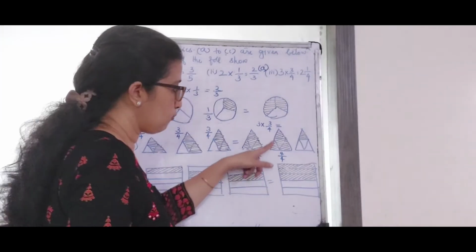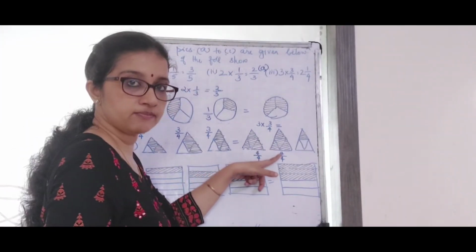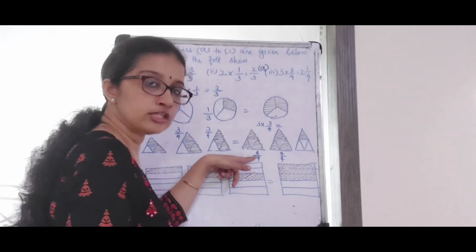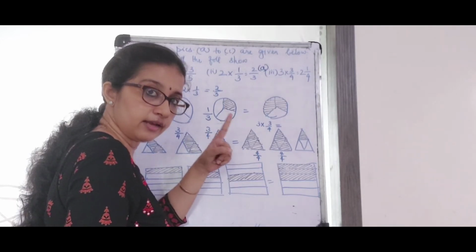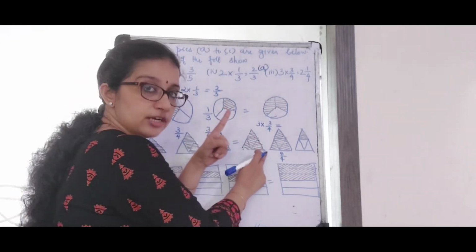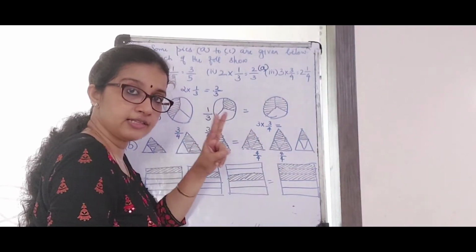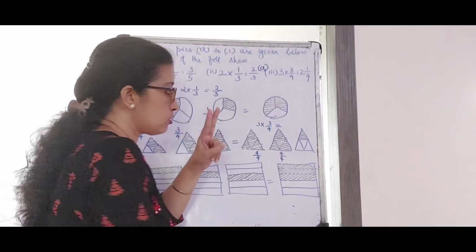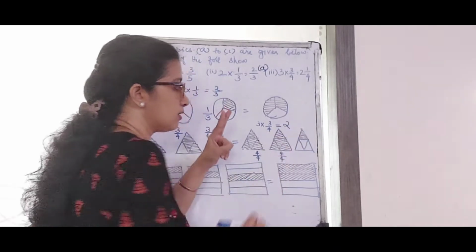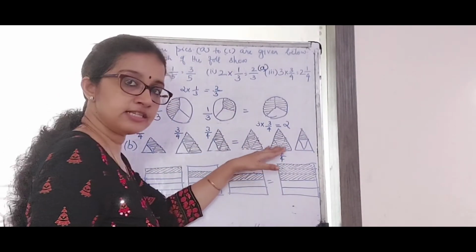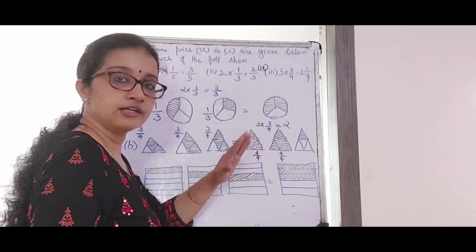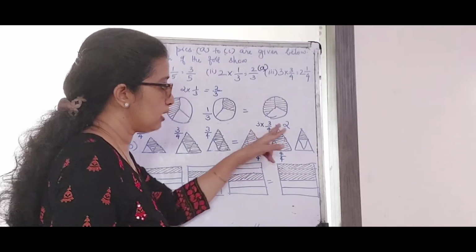So what is 4 by 4? 1. So one full triangle has been shaded here and one full triangle has been shaded here. So two triangles are fully shaded. There are no fractions here, just two full triangles shaded completely, right? So let's put 2 here.